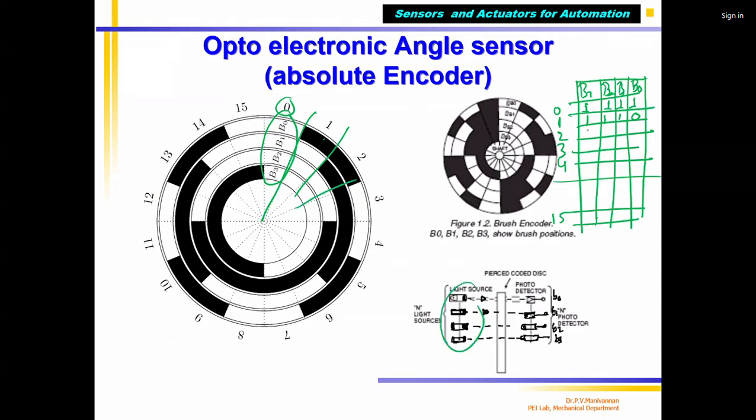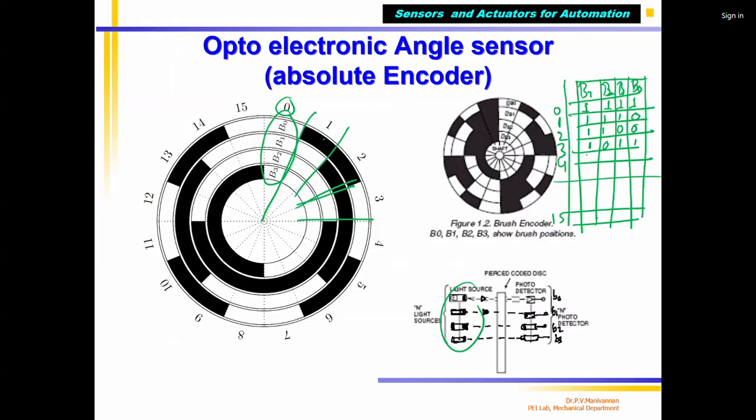You will get 1, 1, 0, 0. When this segment comes, you can see that it will become 1, 0, 1, 1. Like this, it is going to come. So if I count these pulses, the only thing you have to do is invert this.